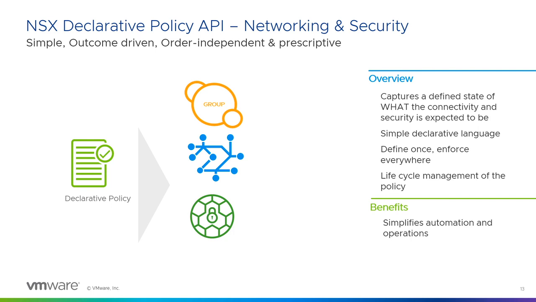So you have to manage by yourself the correct order of creation or deletion of all these resources. And you also have to deal with IDs generated by the system. So you can't really take your configuration and put it on another NSX manager because the ID will not be the same, okay?